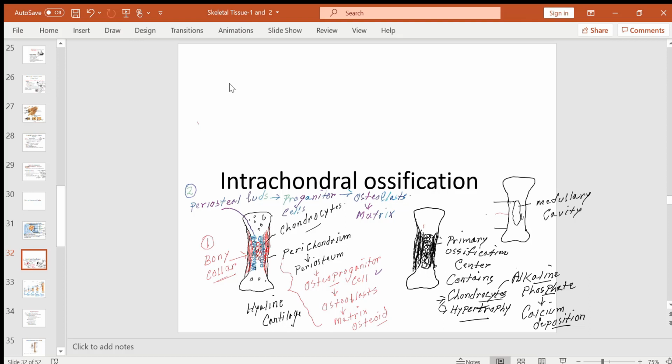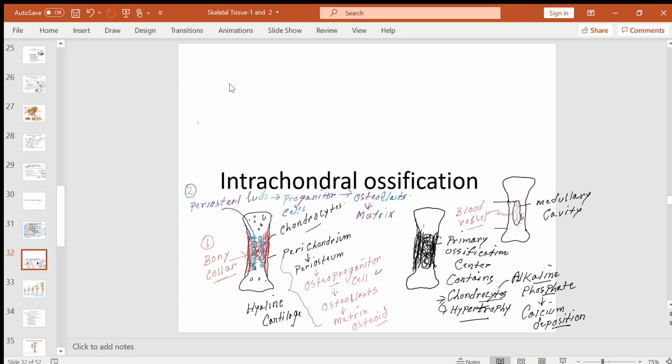So a blood vessel will penetrate, will enter into the medullary cavity and will branch this way. The blood vessel will enter into the bone because bone has blood vessels. Okay, so that's how you get the shaft part.